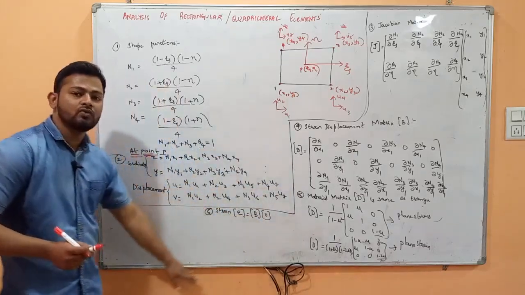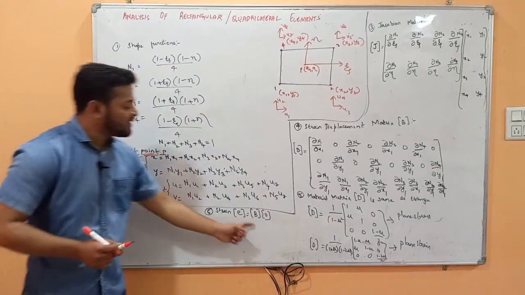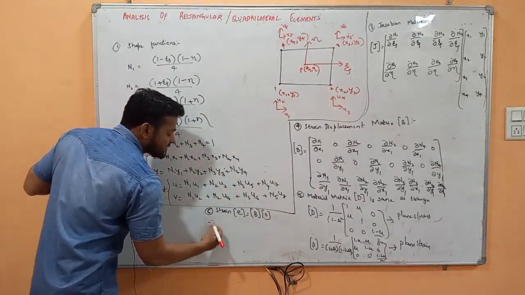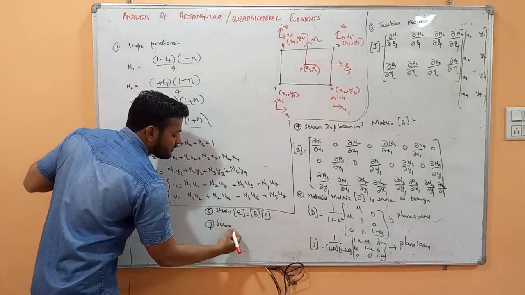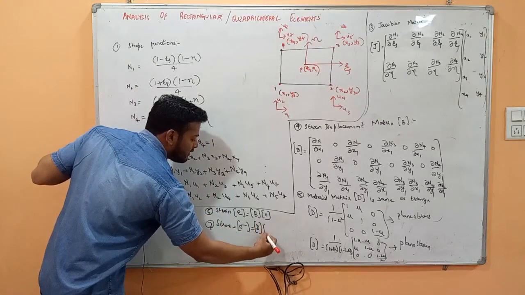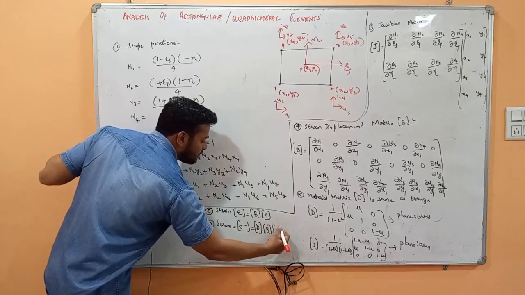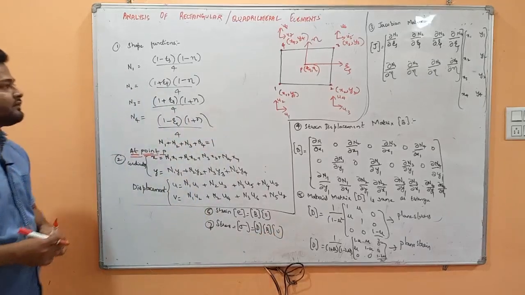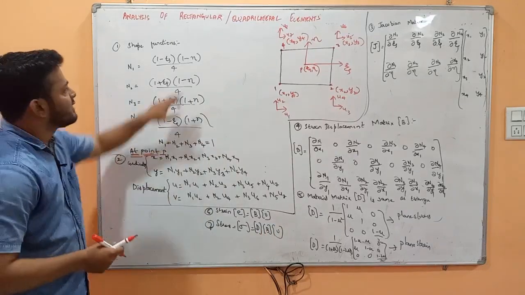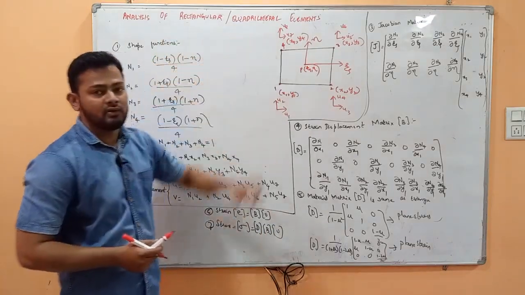U1, U2, U3, U4, U5, U6. If we multiply those two matrices, we are going to get the strain. And the last formula is the stress formula, sigma is equal to D into B into U. So if you remember these 7 formulas, you can solve any problem asked in the exam based on rectangular and quadrilateral elements.